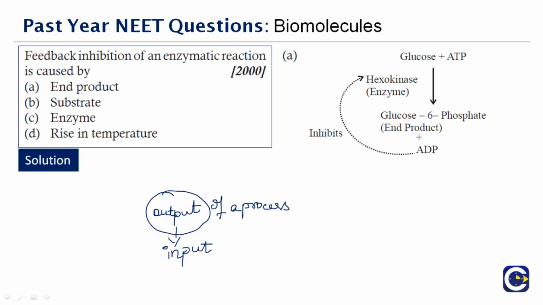So in detail, the output that comes is itself taken as an input to control the process. The feedback inhibition of an enzymatic reaction is caused by the end product. The output is nothing but the end product. Therefore the correct answer to this question is option A.